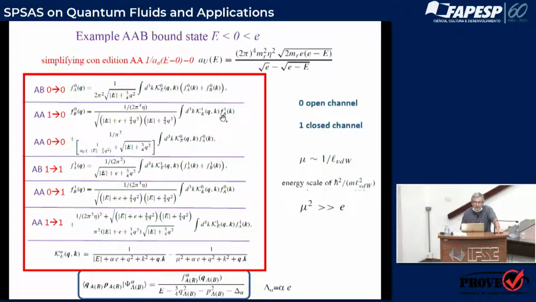It is this coupling here that brings to the physics of the open channel the coupling between the open and closed channel. So I could rewrite, eventually, inverting those equations, F1 in terms of F0. This will really be a three-body kernel. What are the characteristics? Okay, we have to think more and more.